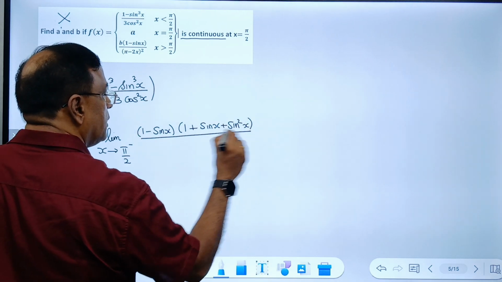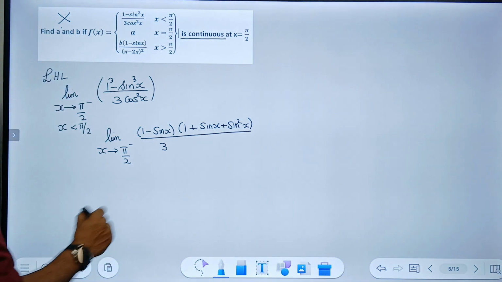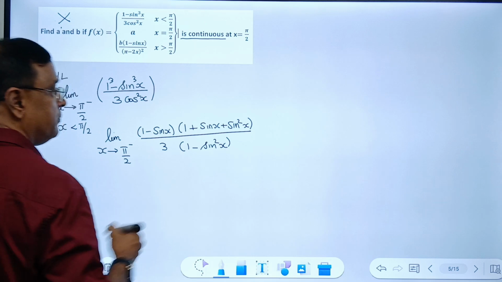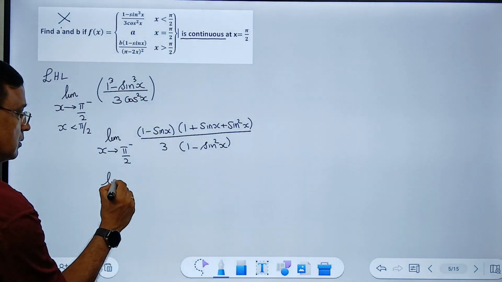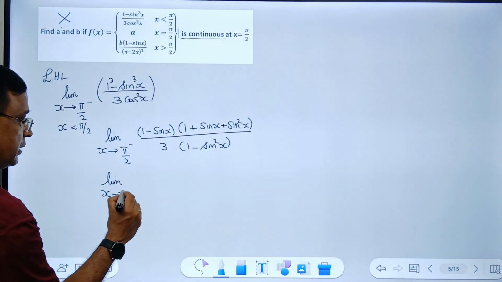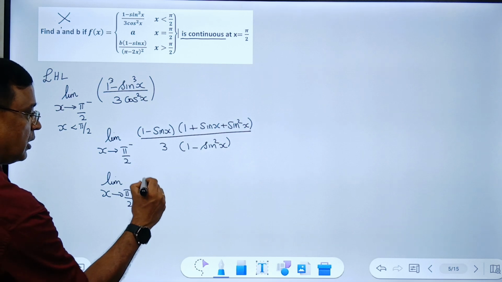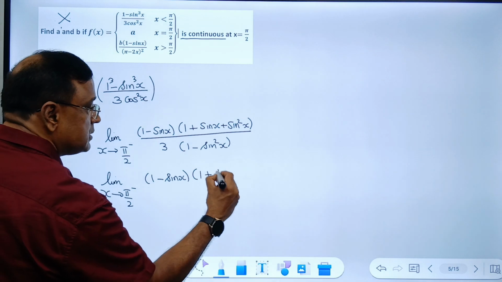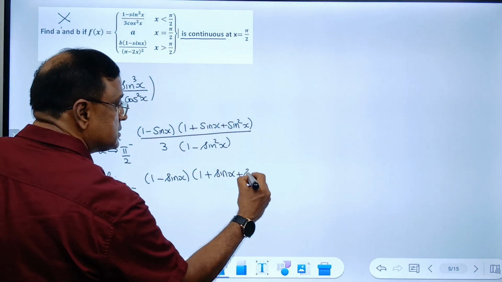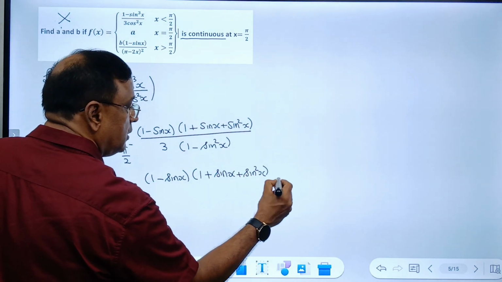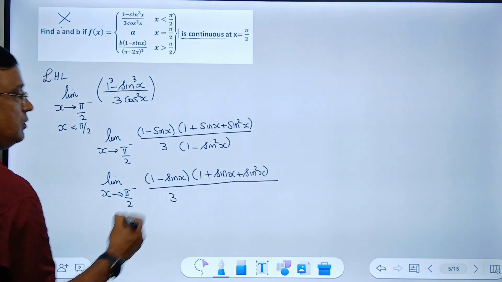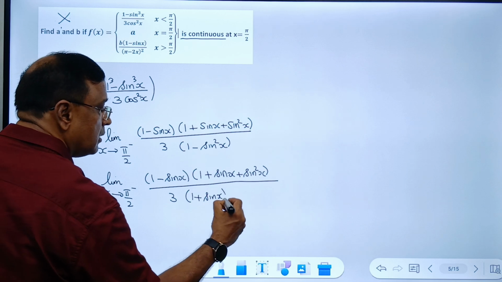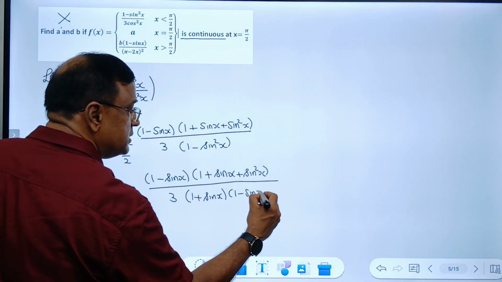divided by 3 into cos square x. You know, cos square x is 1 minus sine square x. Correct? So now this is limit x approaches pi by 2 minus, you have 1 minus sine x into 1 plus sine x plus sine square x, divided by 3 into 1 minus sine square x, which is 1 plus sine x into 1 minus sine x, using a square minus b square.